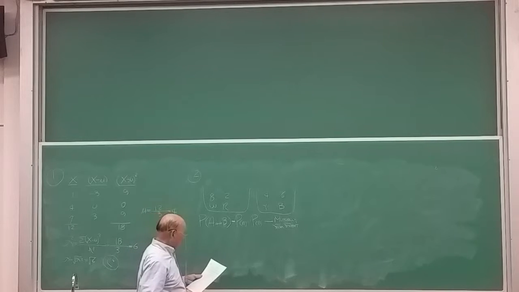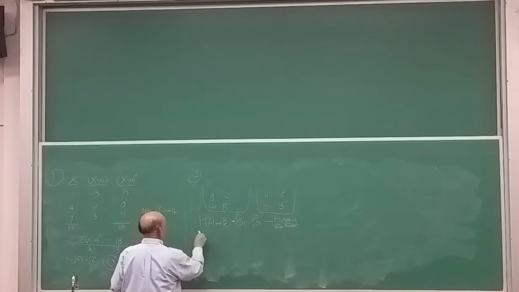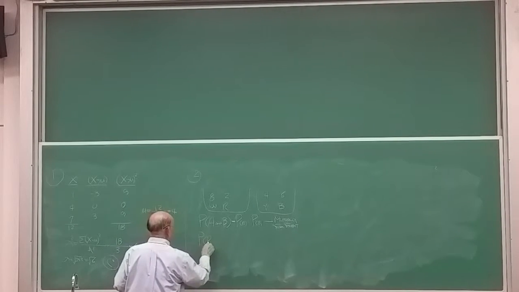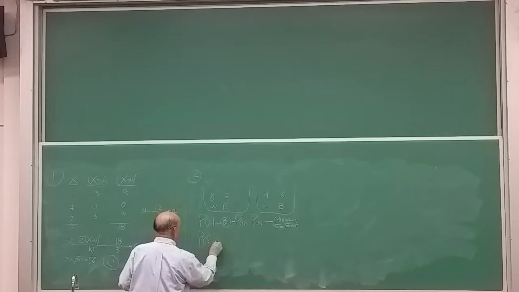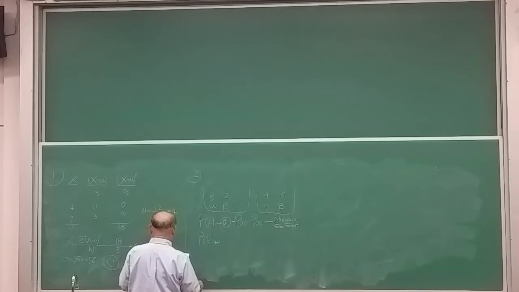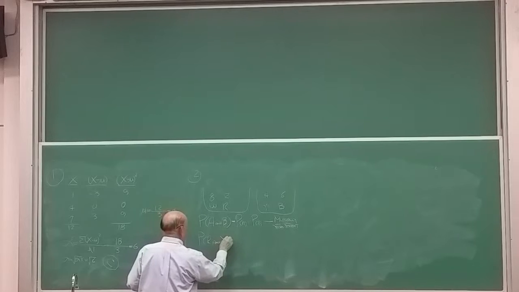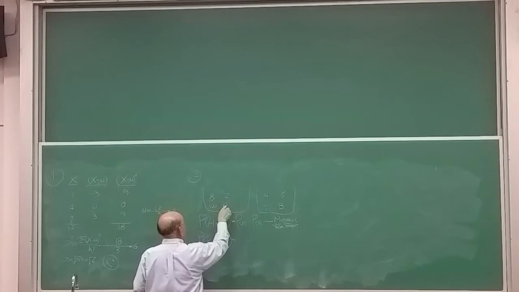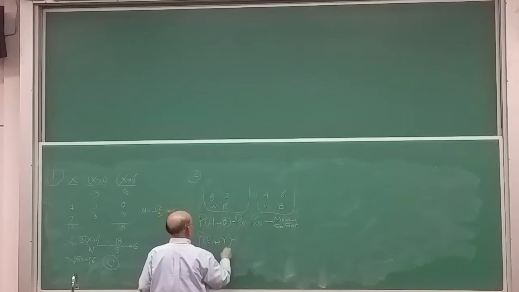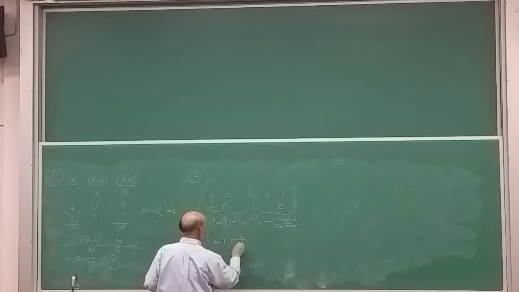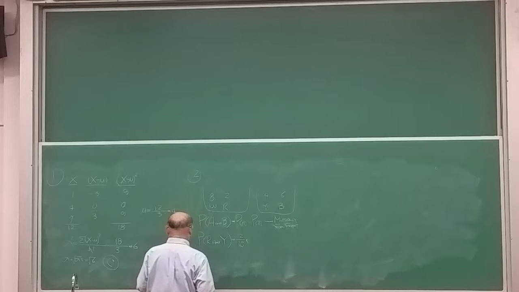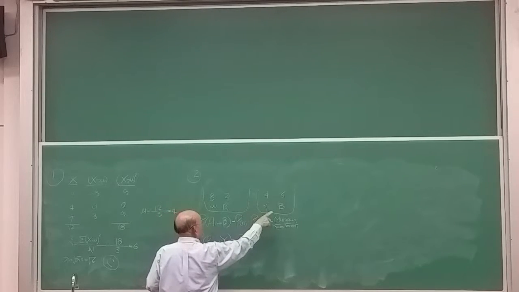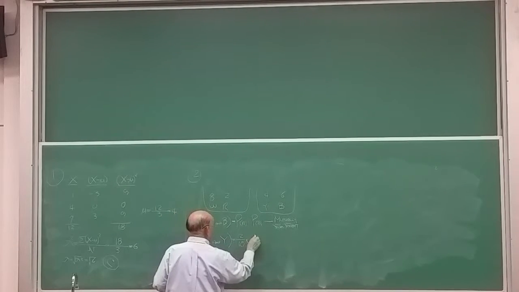So the question was, what is the probability of getting red in the first one, and what is the probability of getting yellow from the second? Getting a red from the first board is 2 out of 10. Getting a yellow one is 4 out of 10.